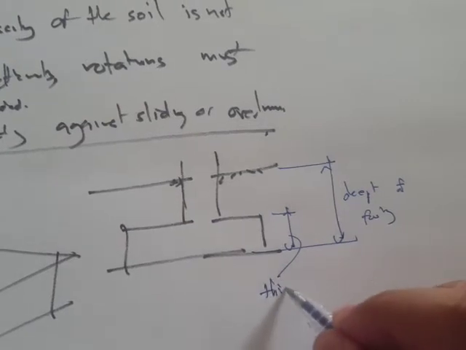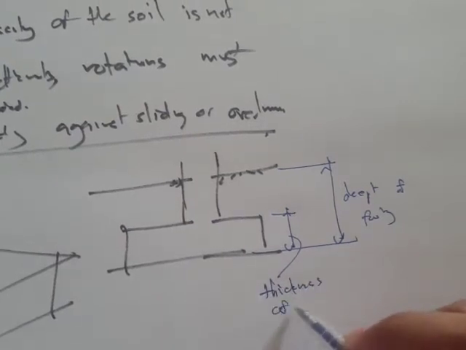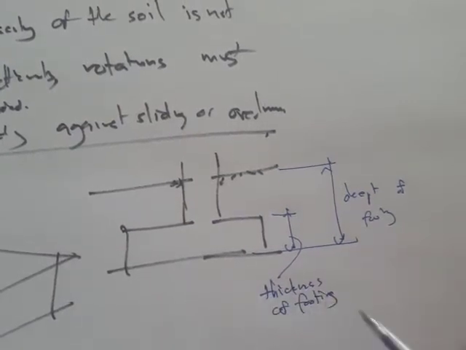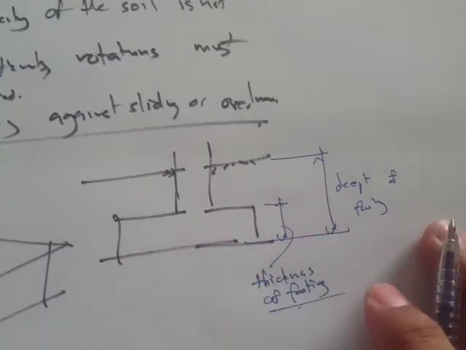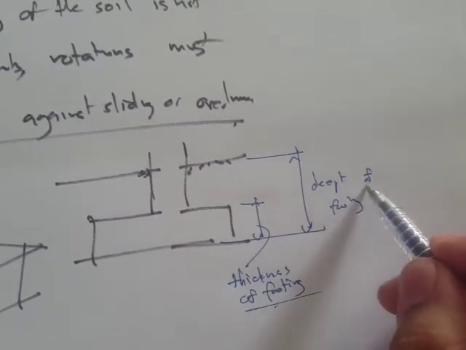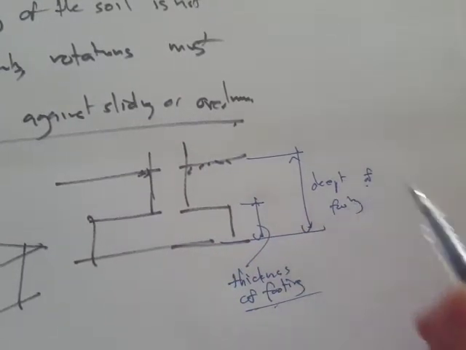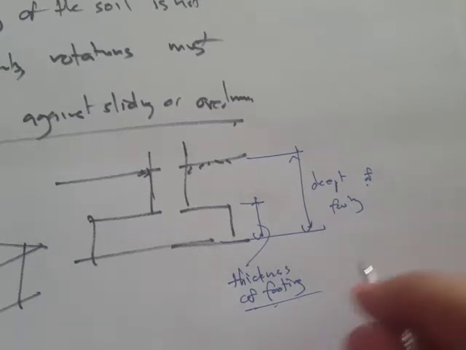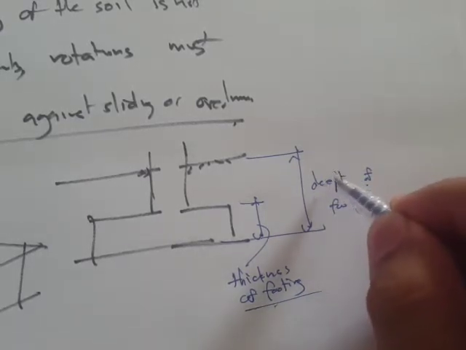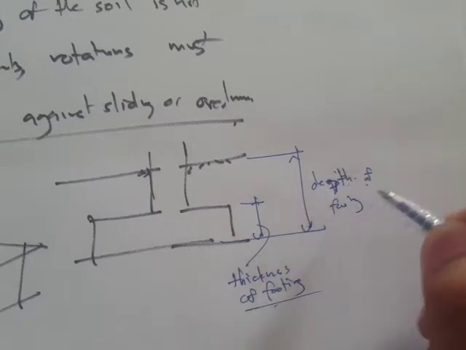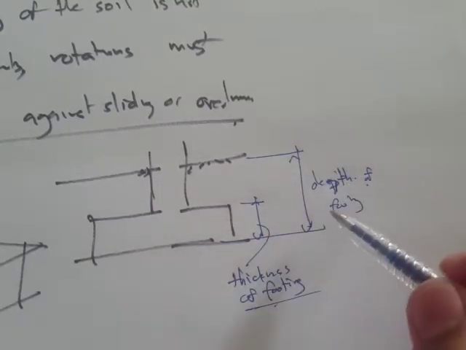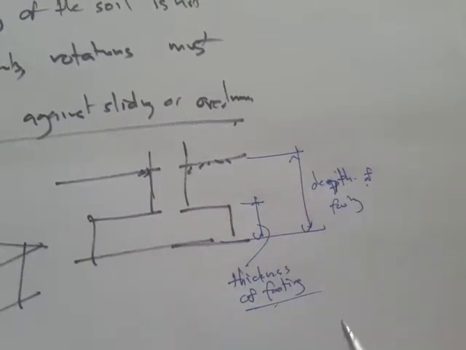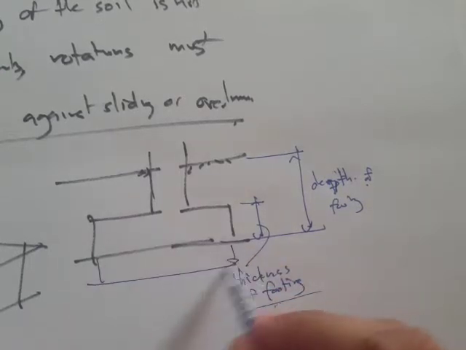And this one is the thickness of footing, or sometimes in the calculation we call that the height of footing or height of concrete. This is the depth of footing, so it's from the natural grade line. And then we have this footing width.